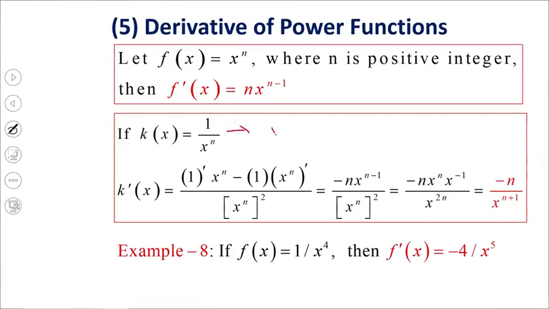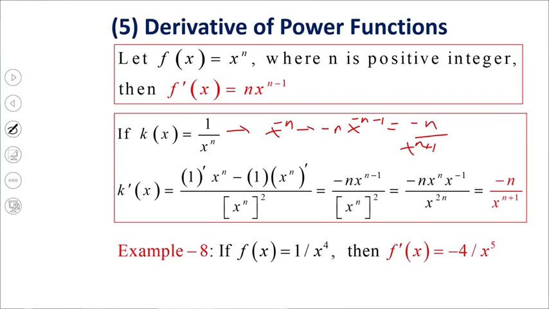And if k of x is 1 over x to the power of n, you can rewrite this one as x to the power of minus n, and you can make the derivative as minus n times x to the power of minus n minus 1. So you can rewrite this one as minus n over x to the power of n plus 1.